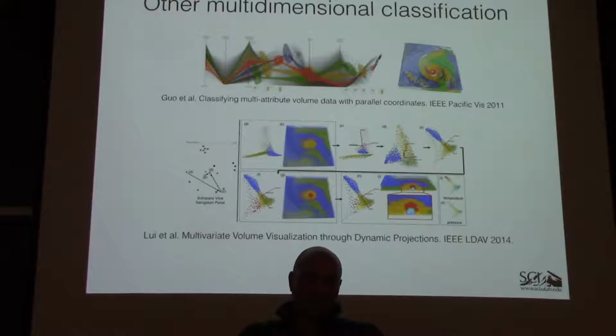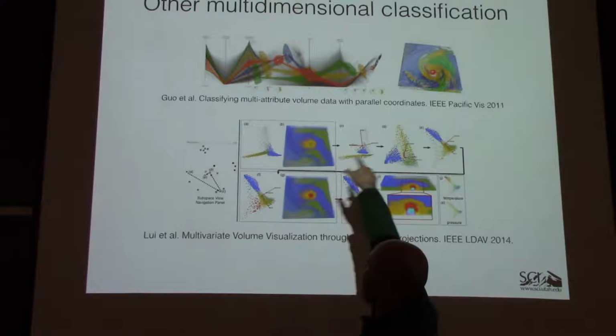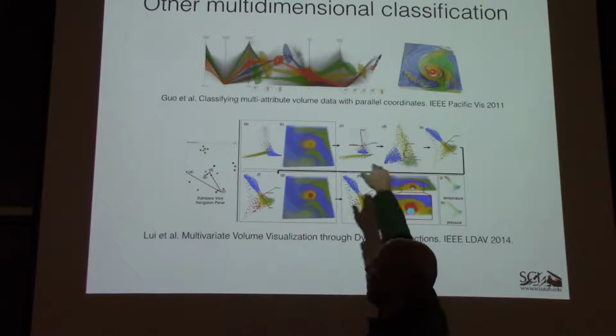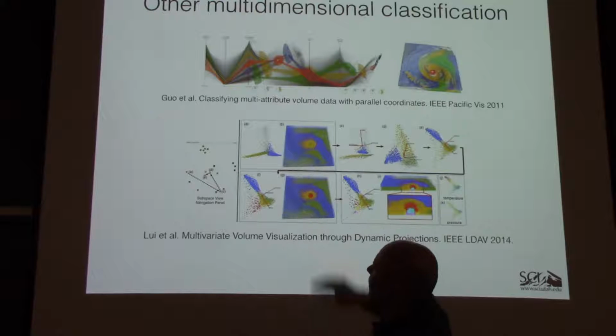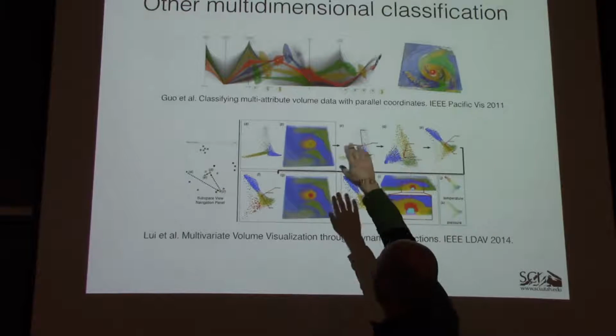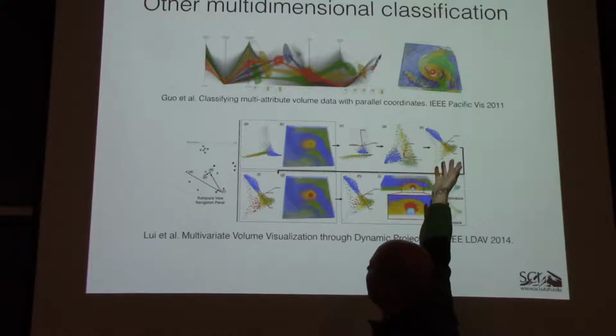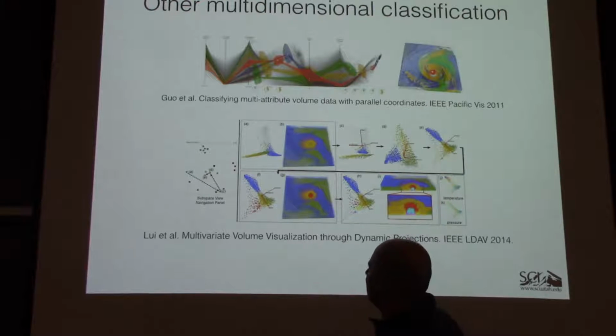One was a paper from Pacific Viz 2011, which was using parallel coordinates to give an overview of the multi-dimensional range space, and then draw these, essentially draw lines in the parallel coordinate space, I guess really regions in the parallel coordinate space that would correspond to color regions in domain space.